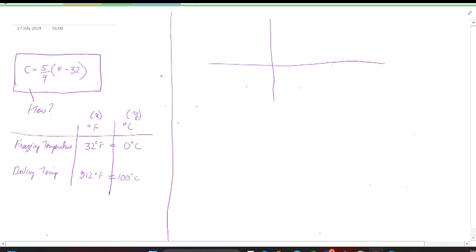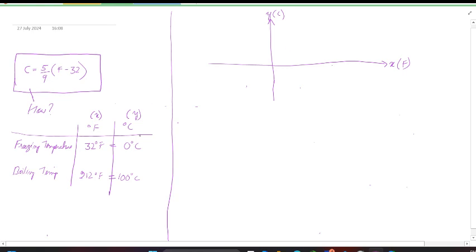Let's plot the freezing temperature first. Sorry, that's the x-axis, which represents Fahrenheit, and on the other hand, the y-axis represents Celsius.